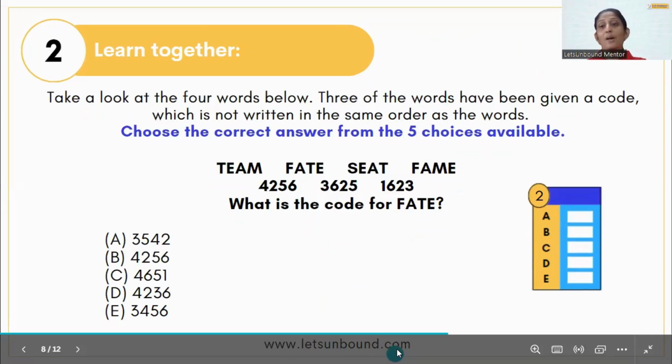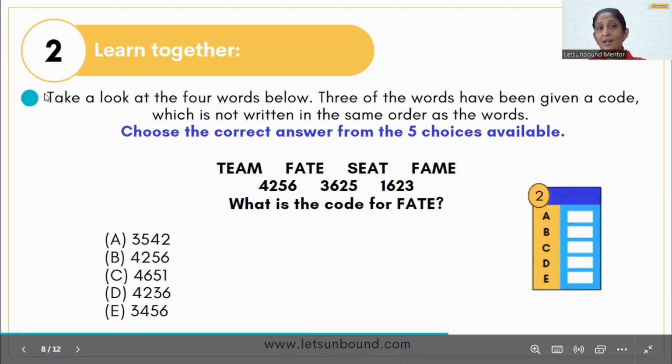Now let's do one more example understanding the same scenario. The question reads, take a look at the 4 words below. 3 of the words have been given a code, which is not written in the same order as the words. Choose the correct answer from the 5 choices available.